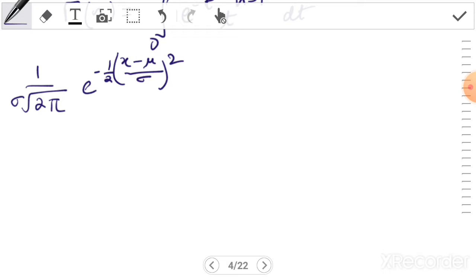So this is a probability distribution function of a Gaussian random variable.